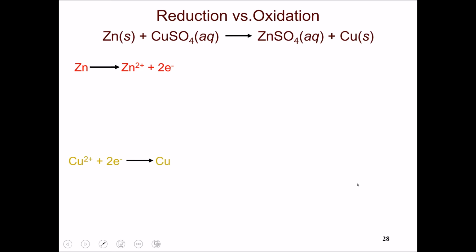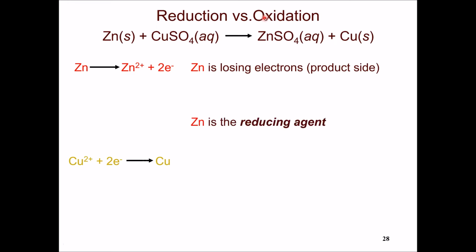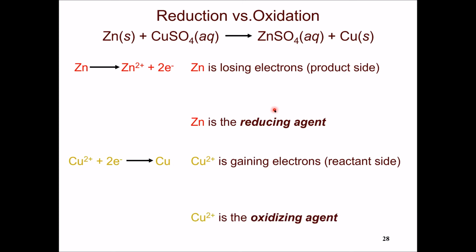So for the first half reaction, zinc is losing electrons, which means zinc is a reducing agent. It gives off electrons, while copper is gaining electrons, which means copper is an oxidizing agent. Zinc is being oxidized, copper is being reduced.